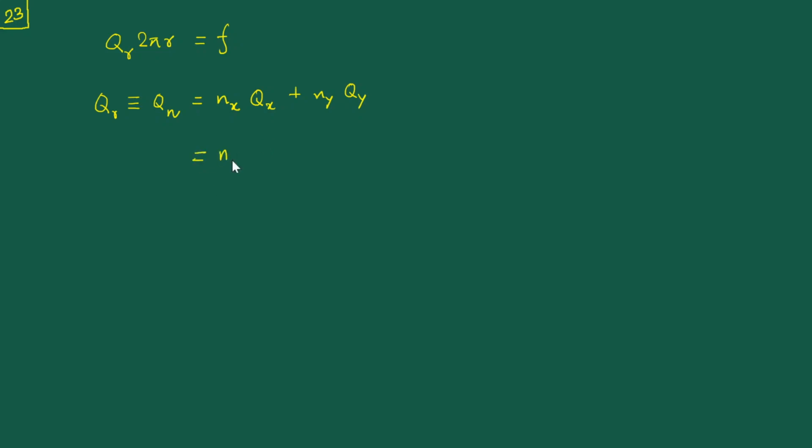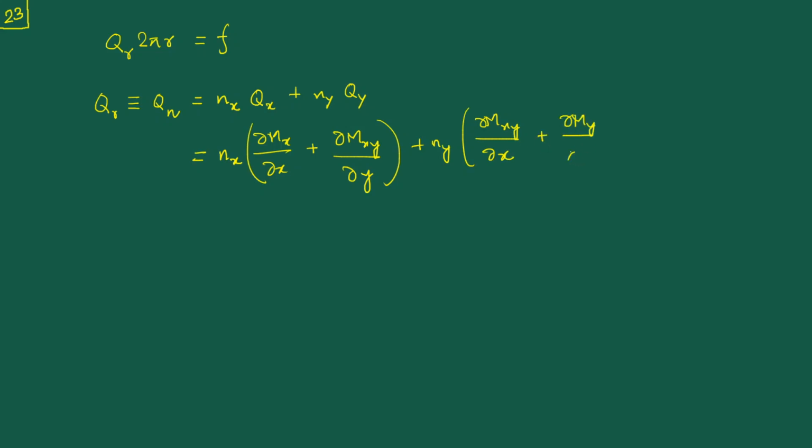And this Q_x itself is del Mx del x plus del Mxy del y, whereas this Q_y had the form del Mxy del x plus del My del y. Now, if we were to carry out all the substitutions, that would of course be a little bit lengthy.